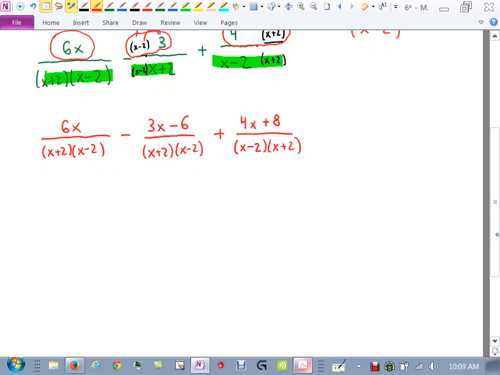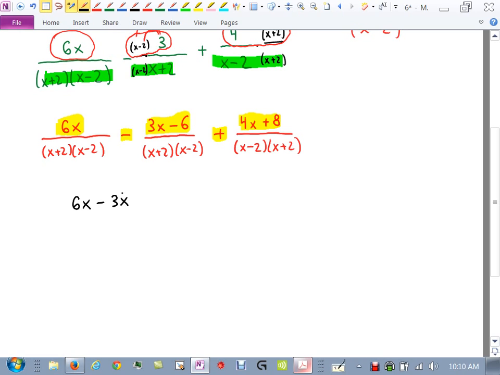And then put them together. So I'm going to do 6x. I'm going to take away 3x plus 6, which means it's going to change the signs of those, right? And then I'm going to do plus, which means it's not going to change the signs, 4x plus 8. I'm going to do all that in one line. So I'm going to write out 6x, then what? Minus 3x.